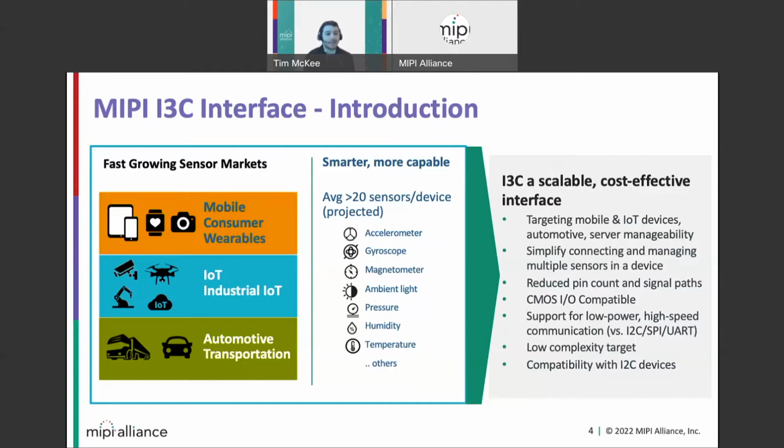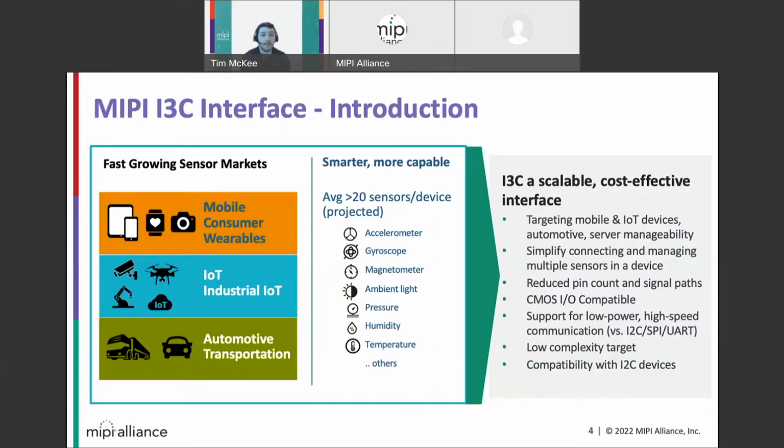And so I3C was created by the MIPI Alliance as a cost-effective interface to help address some of these growing industries. So I3C targets mobile and IoT devices. It's built as a lower power, low pin count for high-speed communication, which is ideal for these IoT markets and these small form factor devices. Another big part of it is that it provides backwards compatibility with I2C devices.